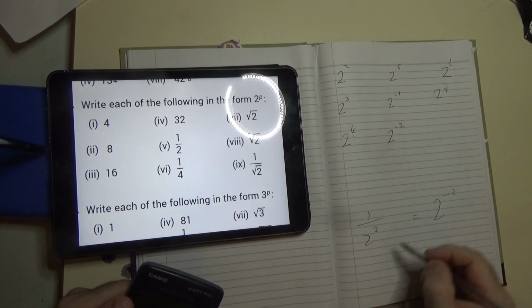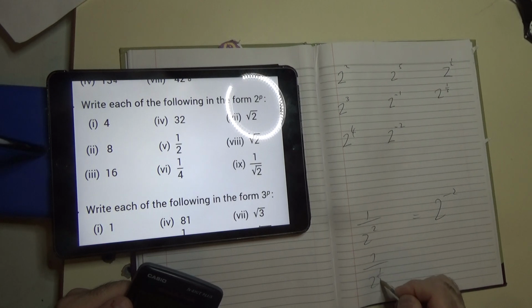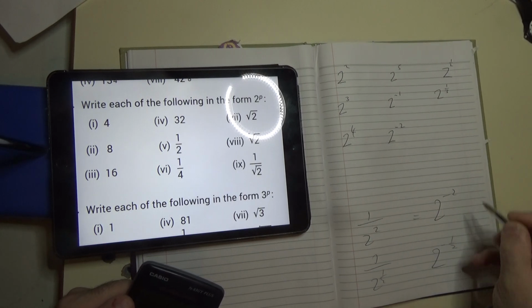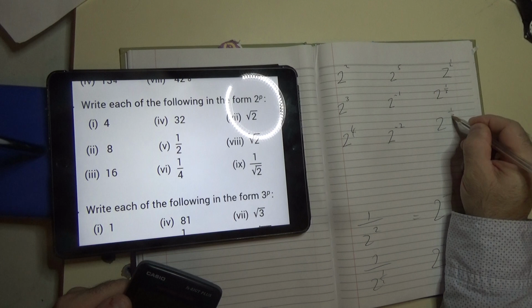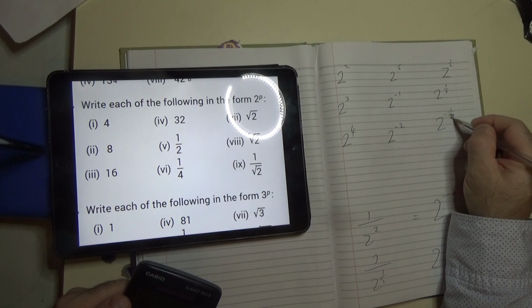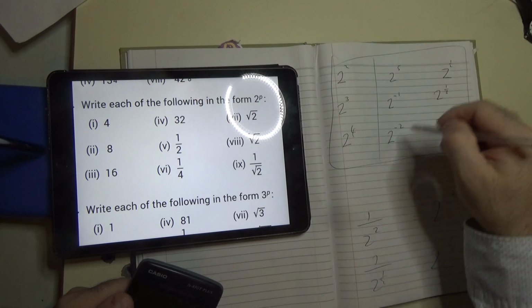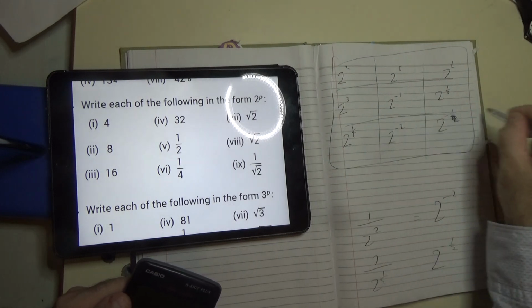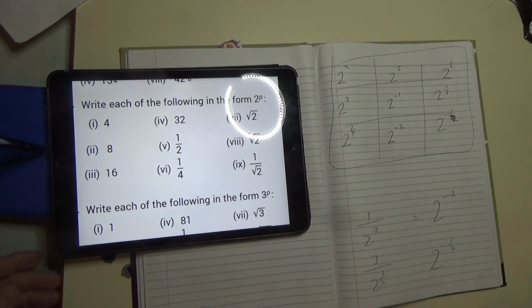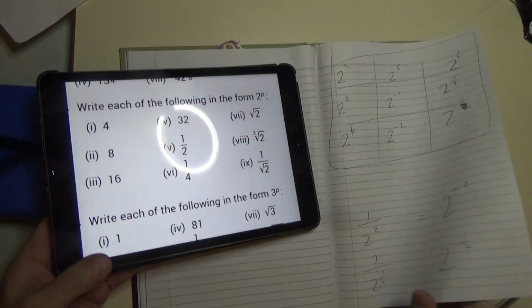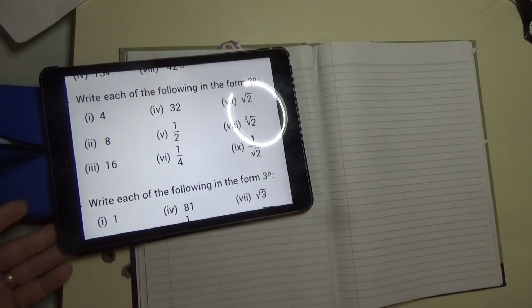And 1 over root 2, well first of all it's 1 over 2 to the half. When you bring it up it becomes negative, negative a half. So they're the answers. But I don't expect you to know them. So how are you supposed to find them then?